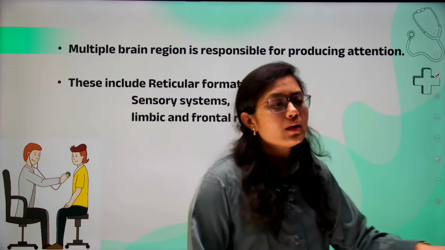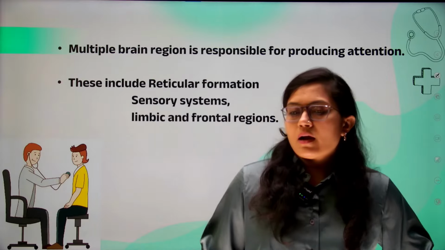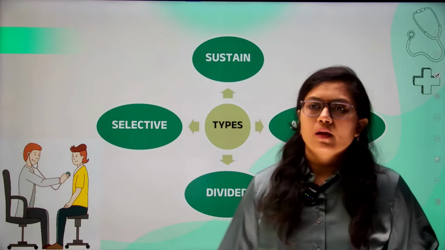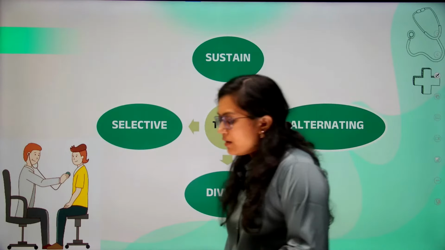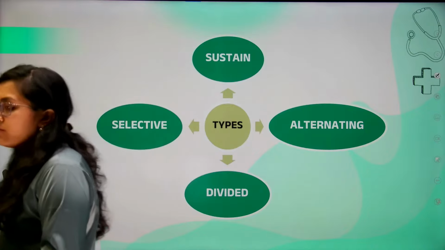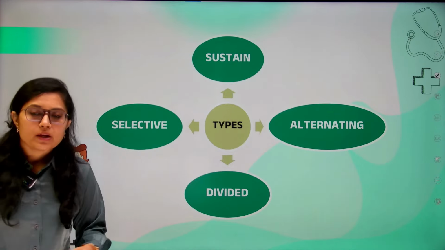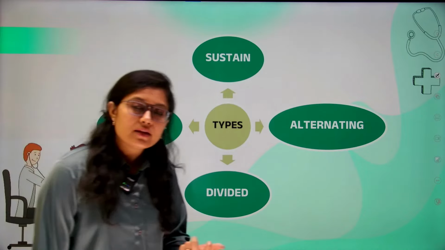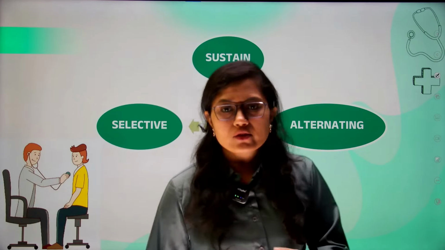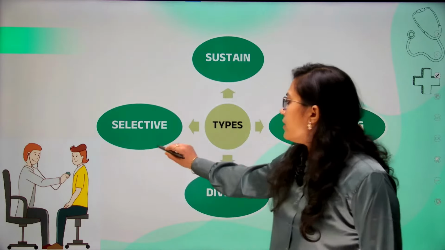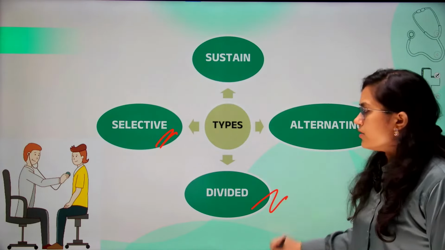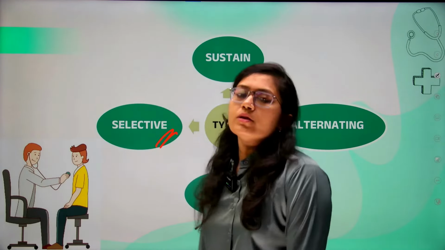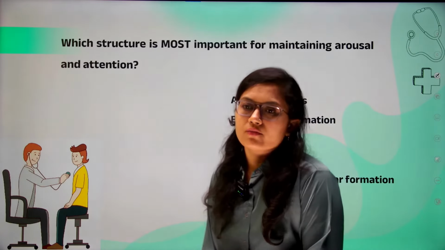These are the specific regions which maintain our attention. Now, there are 4 types of attention: first sustained attention, second alternating attention, then selective attention and divided attention.